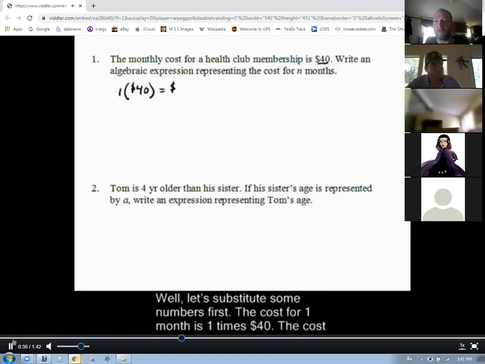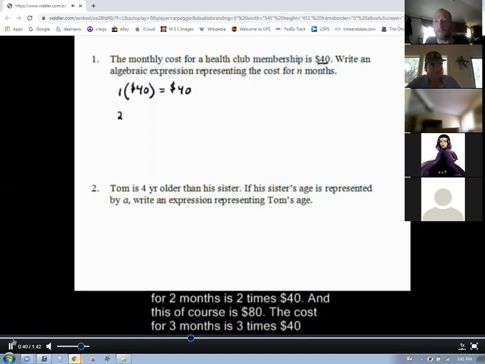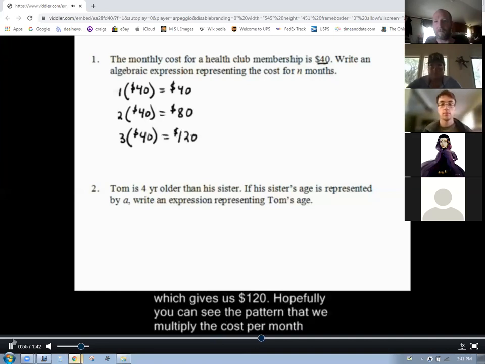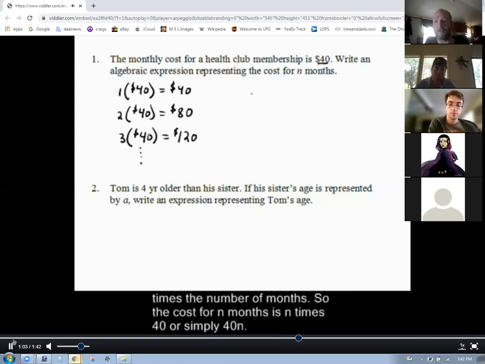The cost for 2 months is 2 times $40. And this, of course, is $80. The cost for 3 months is 3 times $40, which gives us $120. Hopefully, you can see the pattern that we multiply the cost per month times the number of months. So the cost for n months is n times 40, or simply 40n.